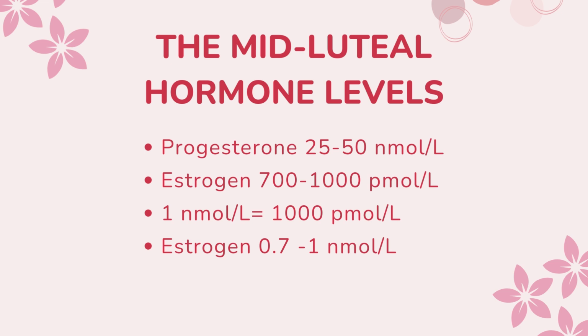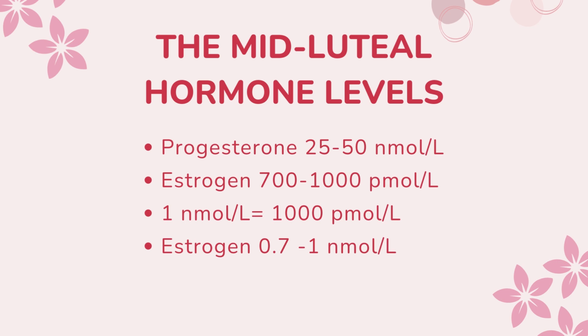Sometimes, blood test results can be a little misleading because hormones are measured in different units. It's like comparing apples to oranges. So let's clear this. Progesterone levels are measured in nanomole per liter, while estrogen is measured in picomole per liter.